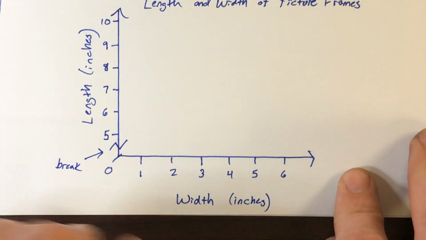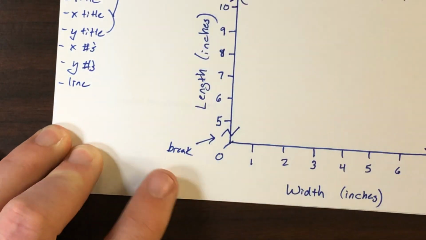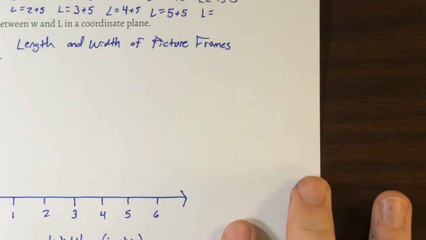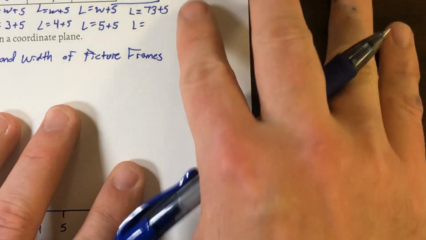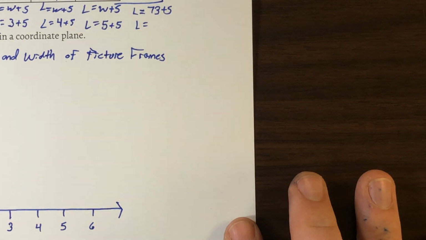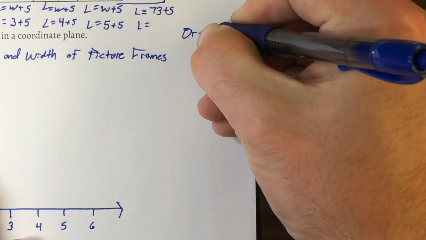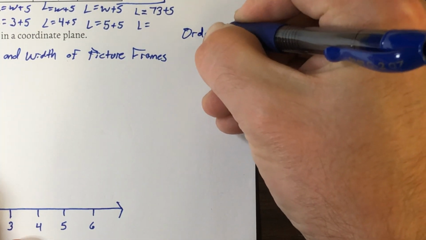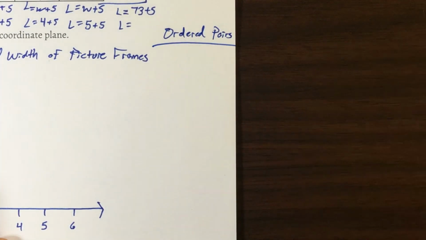Okay, next, I need my line. All right, so how am I going to figure that out? Just going to show you a little bit of information, and then after that, you won't need to write that anymore. So we're going to put what we call ordered pairs on our graph. Ordered.